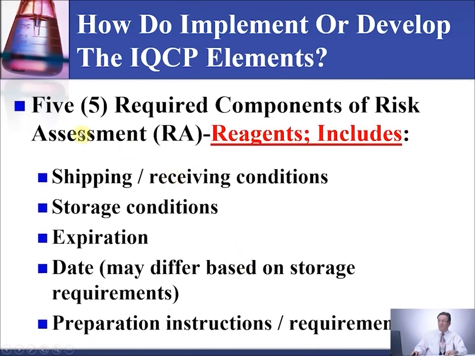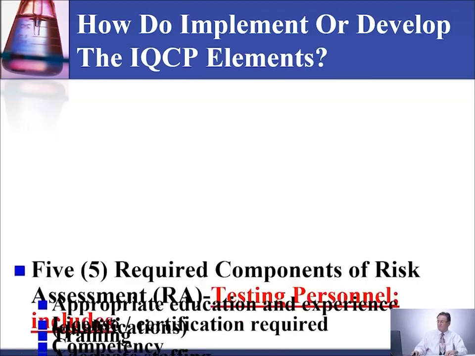Next item on the list is reagent, and under reagent you need to include and assess the shipping and receiving conditions, storage conditions, expiration date, which may differ based on storage requirements, and preparation instructions and requirements.